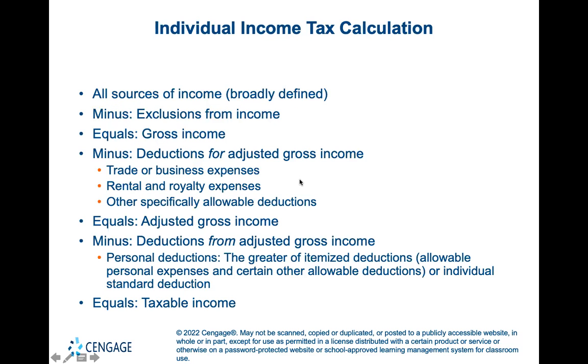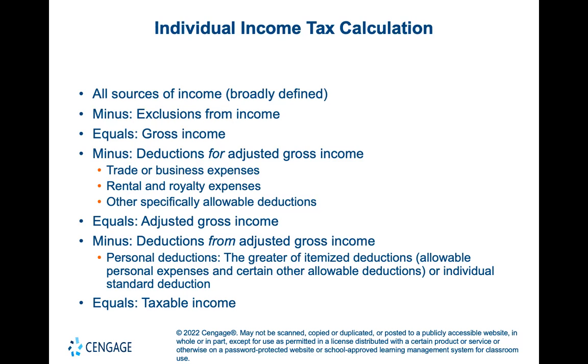So individual income tax calculation: all sources of income broadly defined minus exclusions from income equals gross income, minus your deductions for adjusted gross income: trade or business expenses, rental or royalty expenses, other specifically allowable deductions. That's what equals your adjusted gross income.